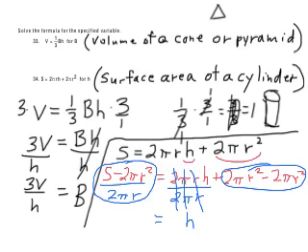We could divide the 2 pi r into both of them. We'll divide it into that one and into that one. 2 pi r into s is s divided by 2 pi r. And that's minus 2 pi r into 2 pi r squared.